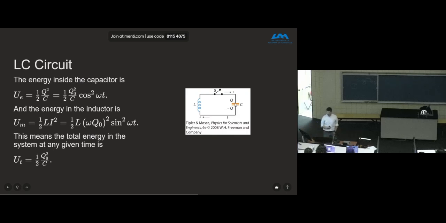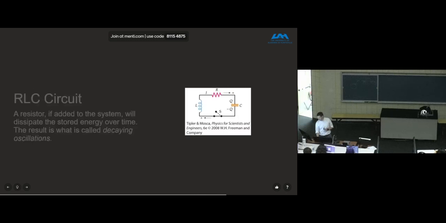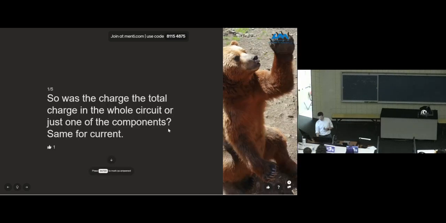But that would be true anywhere along this black line here, which we would assume has zero resistance. So that means for this capacitor, but not necessarily in this inductor, because that would be changing, that would be di/dt. So yes, just for the capacitor is the only thing that would be valid for describing.